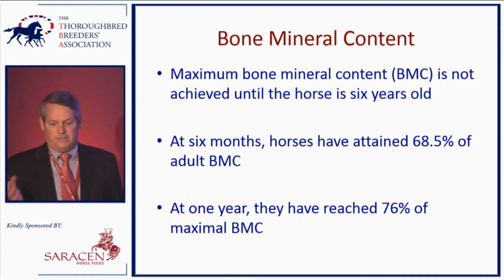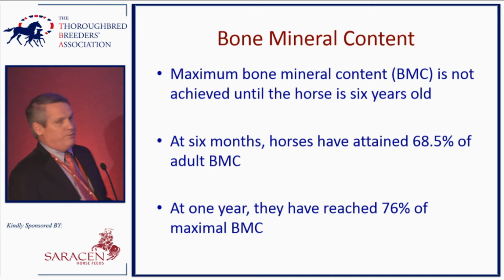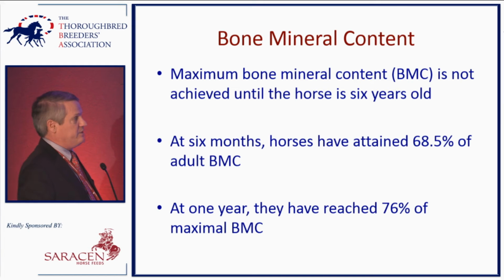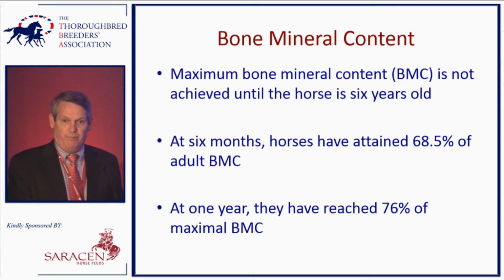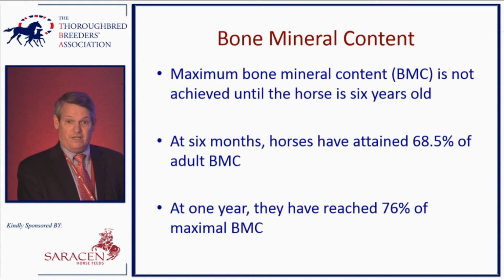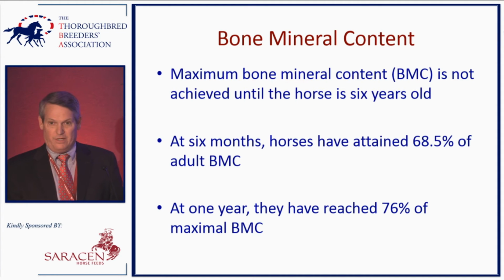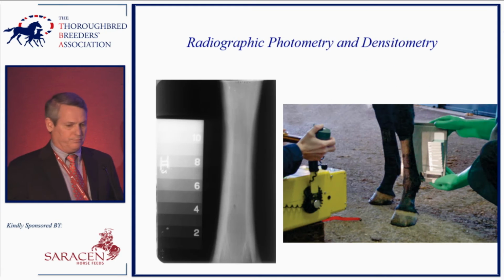At 6 months, a horse has about 69% of its total bone mineral content. At a year, it has 76%. So from birth to a year, it goes from 17% to 76% of its bone mineral content. So the skeleton's growing like mad, there's massive turnover, and there's a lot of mineralization.